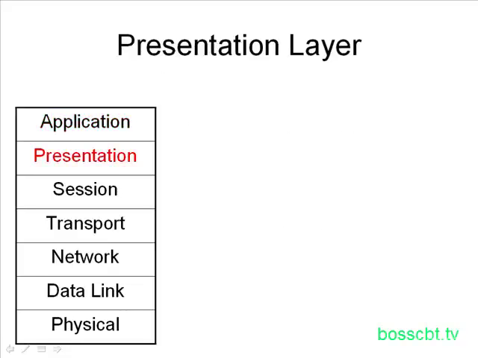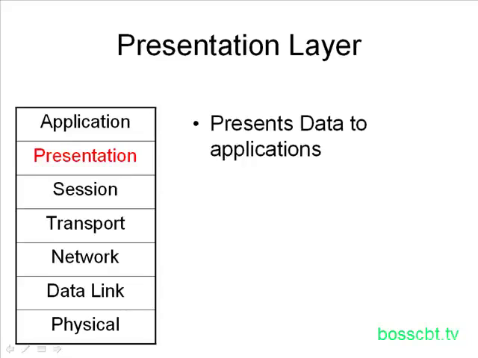Now, the presentation layer has a specific purpose, and its name kind of gives it away. Basically, the presentation layer presents data to applications, to programs running. In other words, the presentation layer will format or translate data when it has to go to and come from applications when an application is communicating.